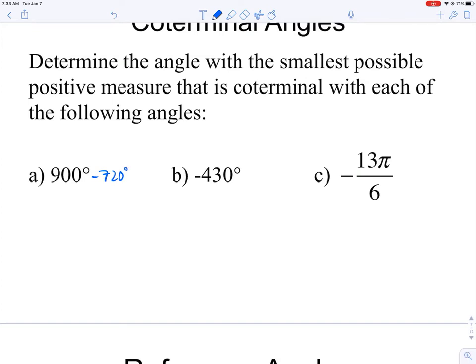And when we subtract 720 degrees, we get 180 degrees. So 900 degrees and 180 degrees actually terminate in the same place. To find the coterminal angle with negative 430 degrees, if we add 360, we're still going to be in the negatives. So why don't we add 2 times 360 degrees, which is the same as adding 720 degrees, and that's going to put us at 290 degrees.